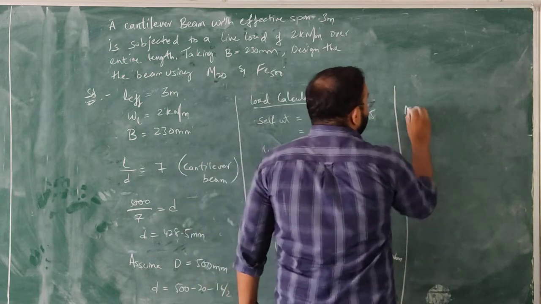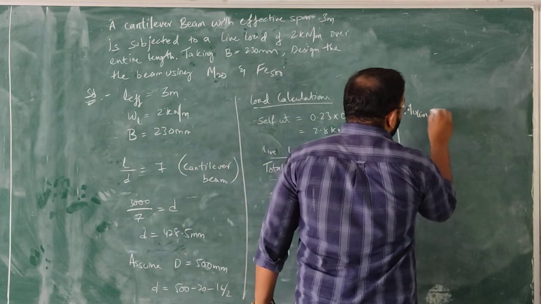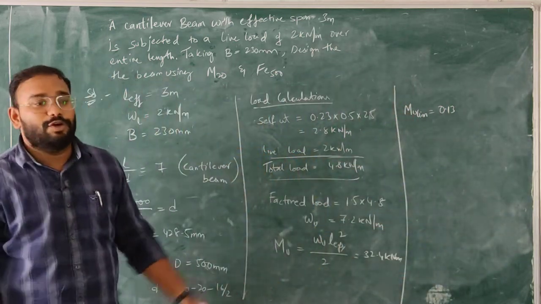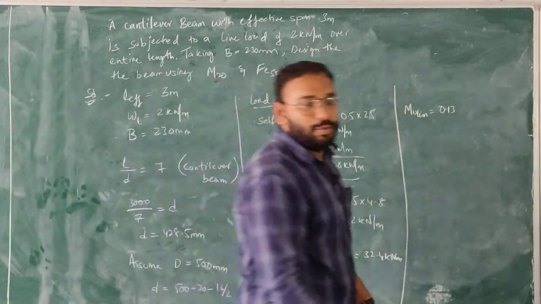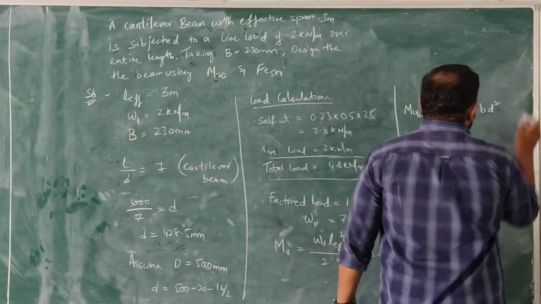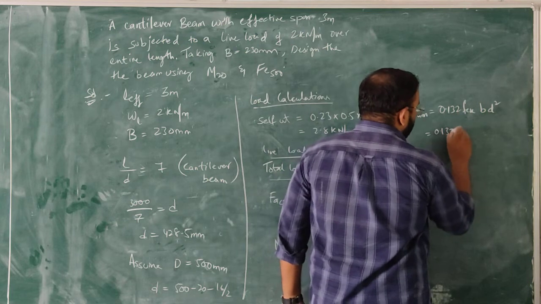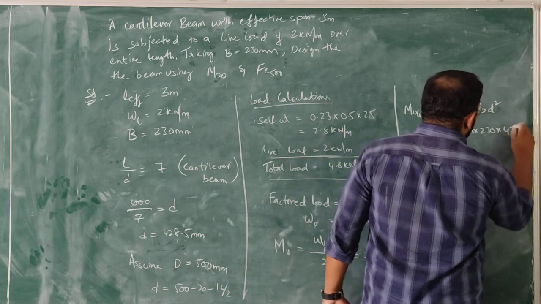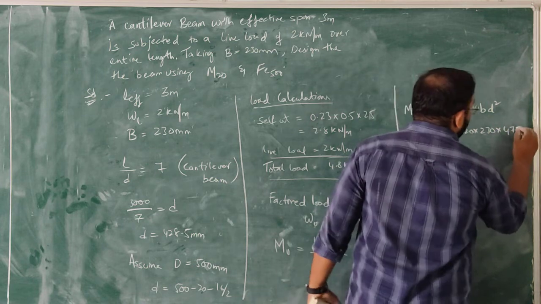Next step is Mu lim. 0.132, we solved this in the previous problem, right? It is 0.132 fck b d square, into 20 into 230 into 472 square.